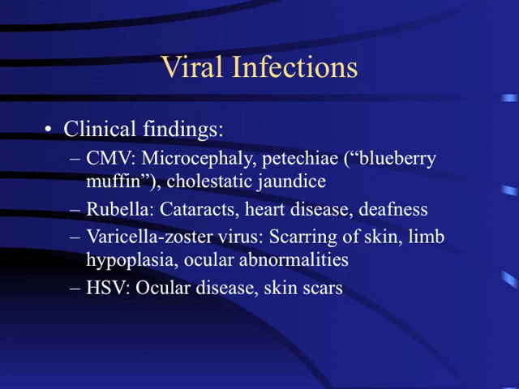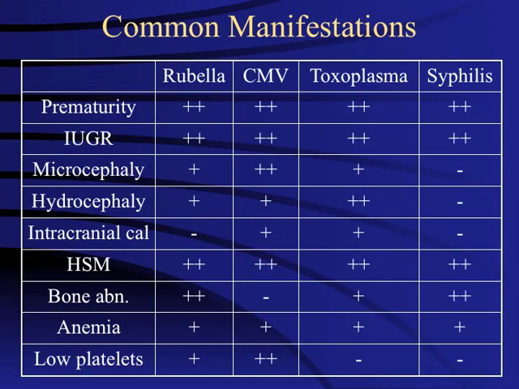With varicella zoster virus, they can have scarring of the skin, limb hypoplasia, and ocular abnormalities, especially if it happened very early during the pregnancy. And with herpes simplex, you can have ocular disease and skin scars. So these are some of the common clinical manifestations of some of the most common congenital infections.